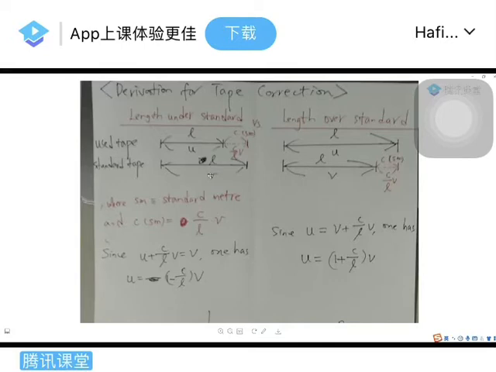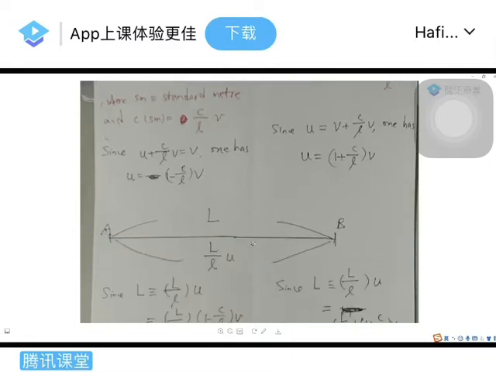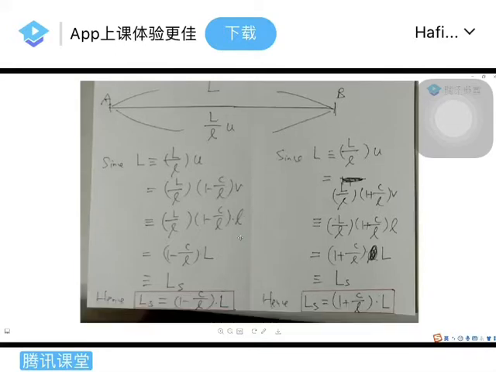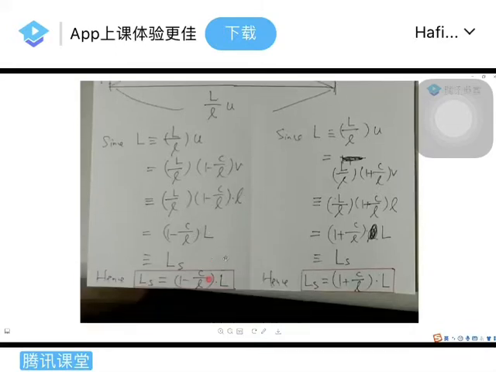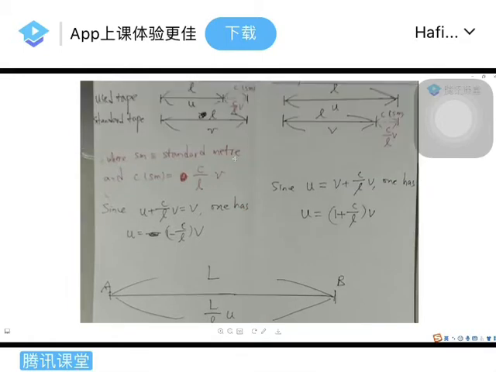So now you transform this one into L again. U by nominal is L, because over here there is L, so you can cancel out L over here. What's left is 1 minus C divided by V times L. So this is your LS. LS is the reading you'll get if you use this tape.